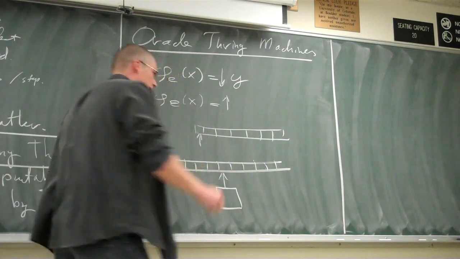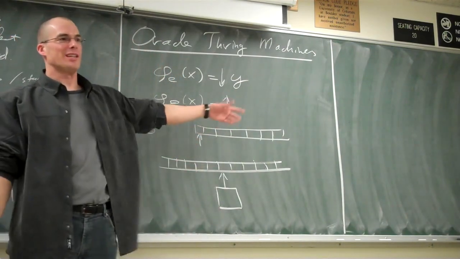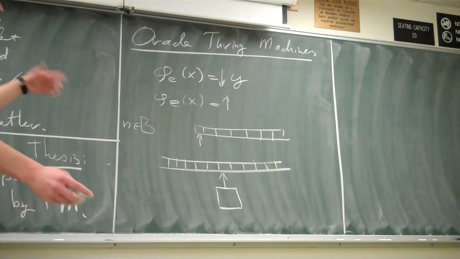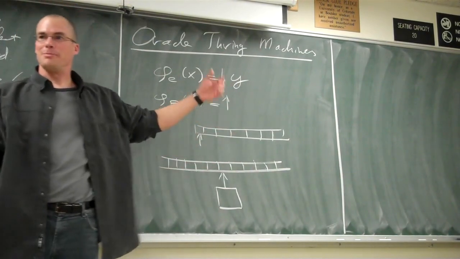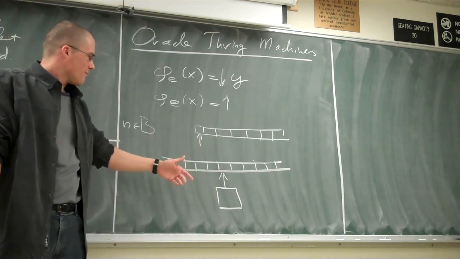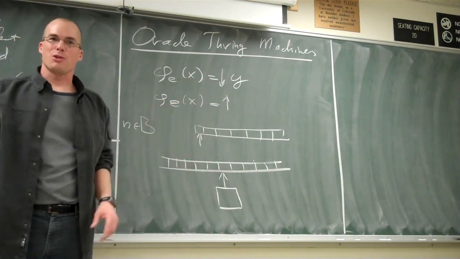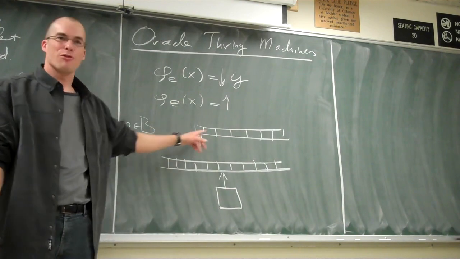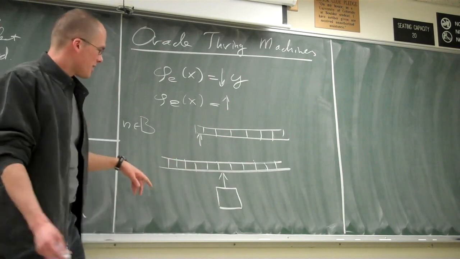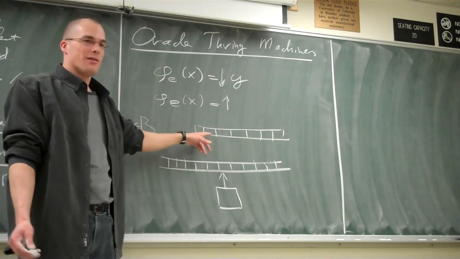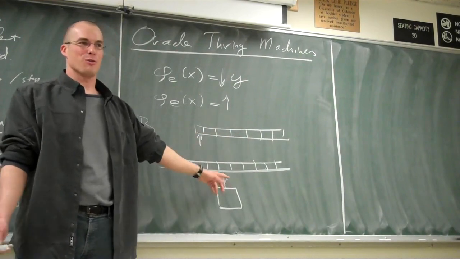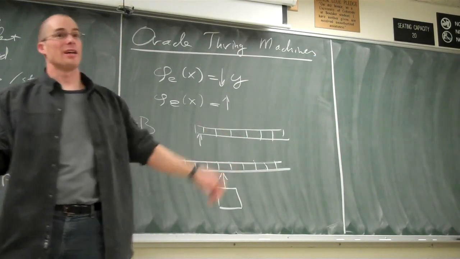Now it has an extra tape containing the characteristic function of the set B, and now my instructions look like, I don't know, 7-tuples, because you also indicate the head movement on the Oracle tape, and you have an instruction which says, look at what you have on the Oracle tape and copy it over to your real tape, something like that.